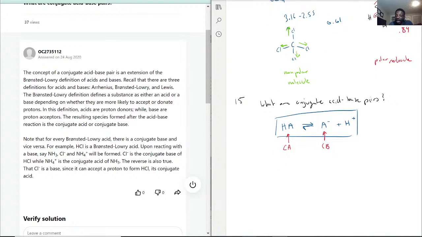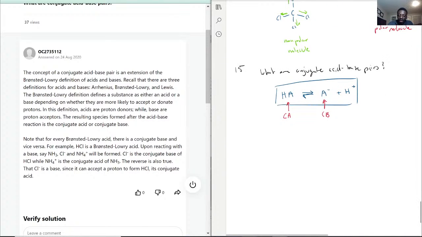An example that we actually saw earlier of a conjugate acid slash base pair is actually our favorites, CH3COOH and CH3COO minus. So if I were to ask you which is a conjugate acid and conjugate base, you should be able to notice first which one has a hydrogen to give away.